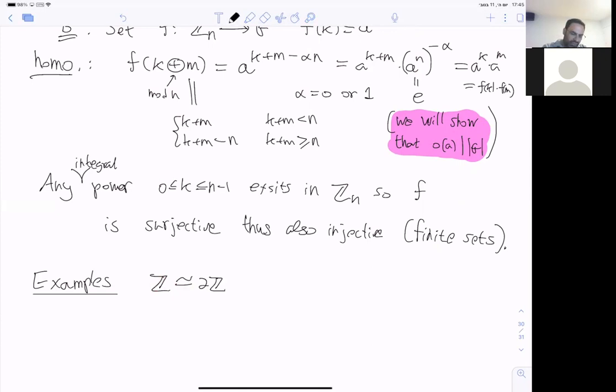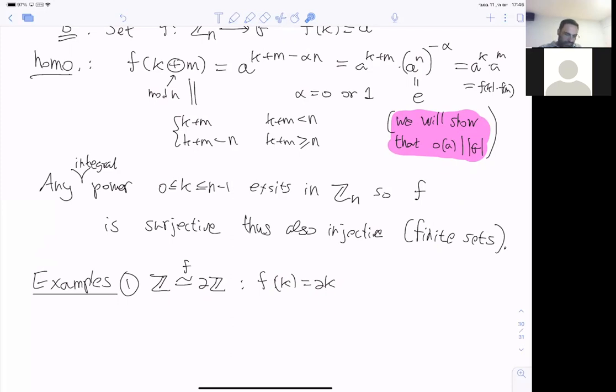What can be the isomorphism? What do you say? F of K is 2K. This is both surjective, injective, and homomorphism. And I wrote here 2, but I could have written any number, 3, 4, 5, 6. Once it is cyclic and infinite, it is isomorphic to Z.